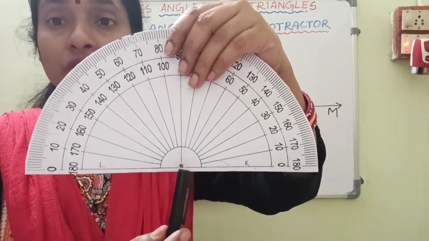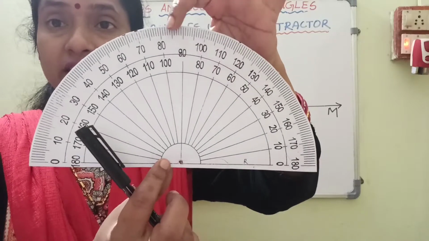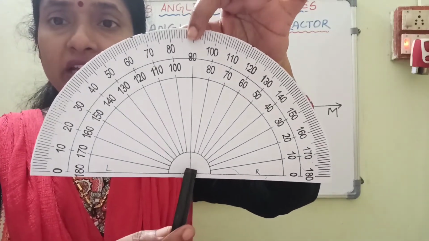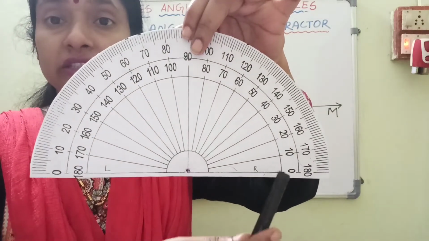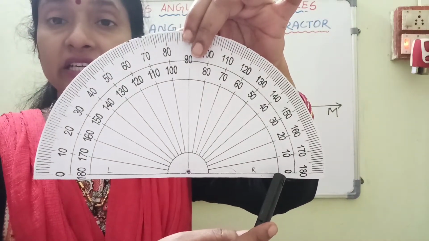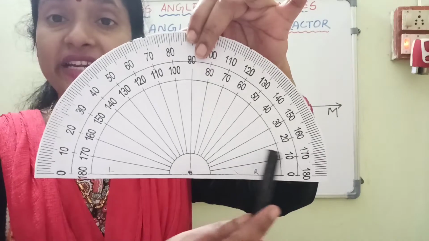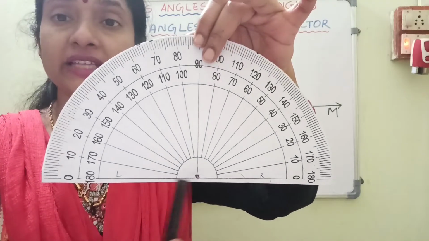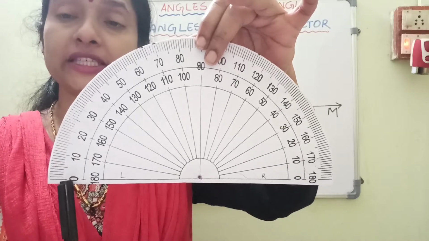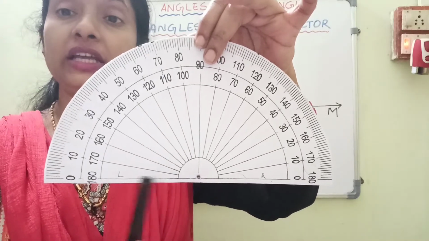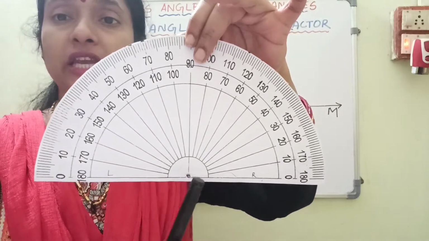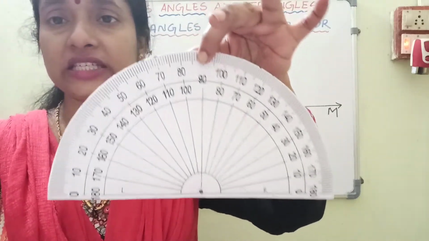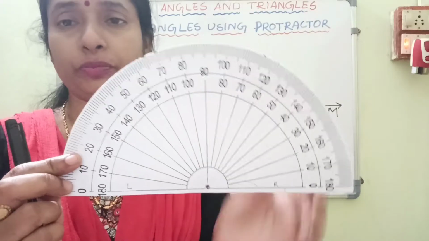Now, if you will observe this protractor carefully, you see here we have the inner scale starting from 0 in the right side of the center of the protractor, whereas the outer scale reading starts from 0 in the left side of the center of the protractor. So these are the certain details which you should know about the protractor.